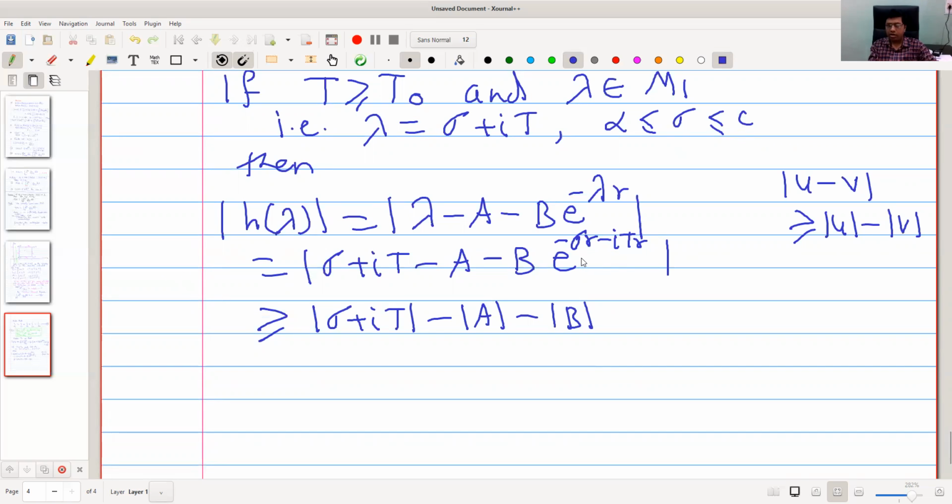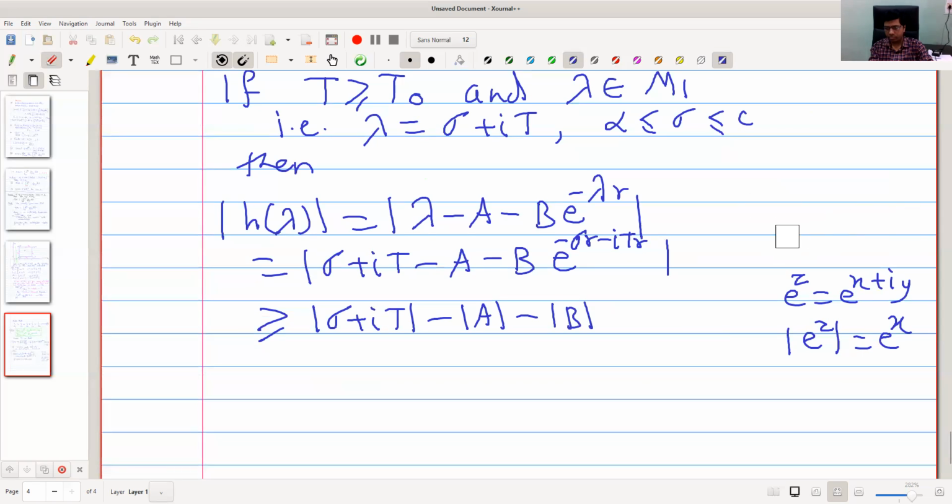We know that if we write e raised to z, that is e raised to x plus iy, then mod of e raised to z is nothing but simply e raised to x, because e raised to iy, its modulus is 1. So this is simply e raised to minus sigma r.